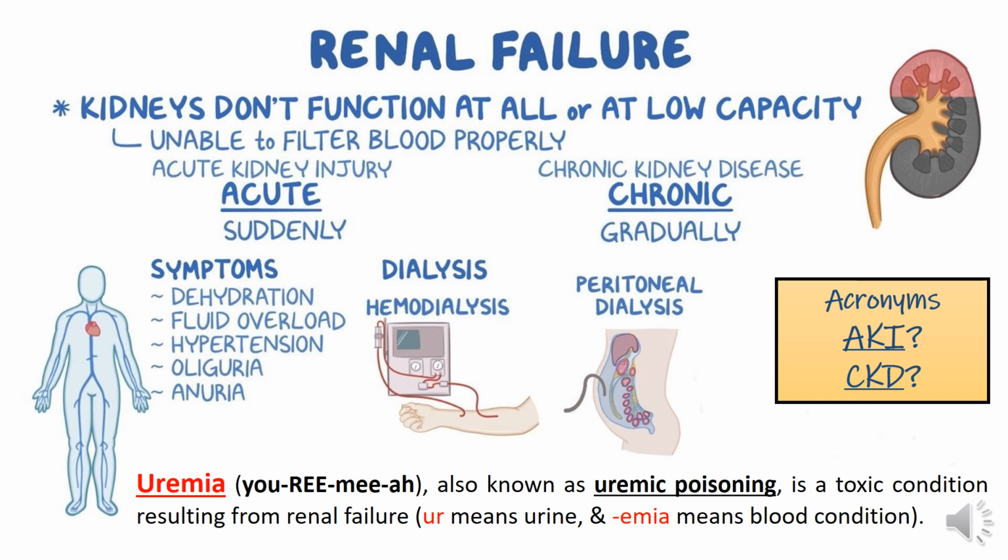Acute renal failure, also called acute kidney injury, abbreviated AKI. Chronic renal failure, CRF, or chronic kidney disease, CKD, is the same. The acute onset, as its name indicates, is sudden, while chronic is gradual.